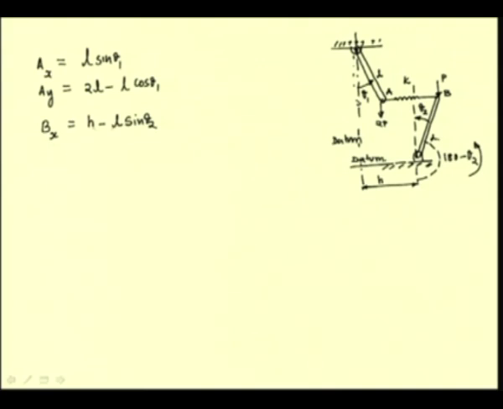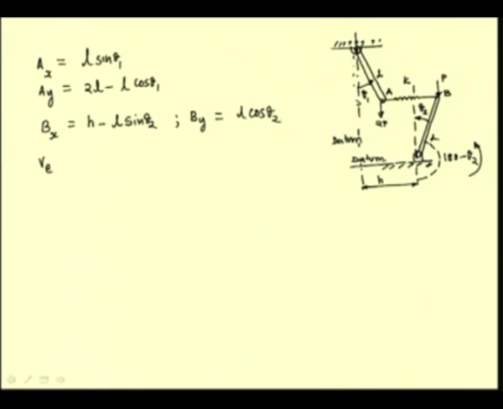So, h plus L times sin 180 minus theta 2, which is nothing but minus L sin theta 2. So, same way we can write the vertical position as L cos theta 2.